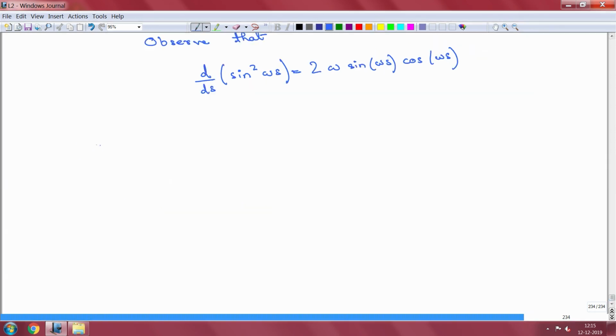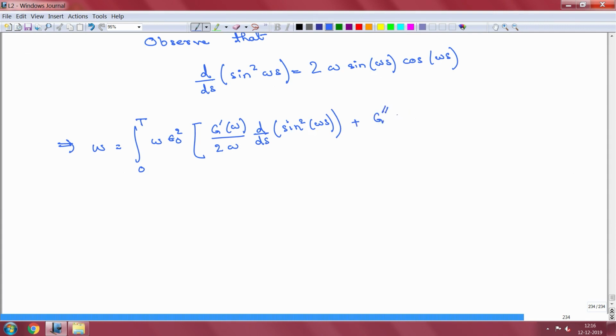So now my work done is again the integral from 0 to T of omega epsilon naught square g dash of omega divided by 2 omega times d/ds of sine square omega s, plus the other term, obviously, g double dash of omega times cosine square omega s, ds.